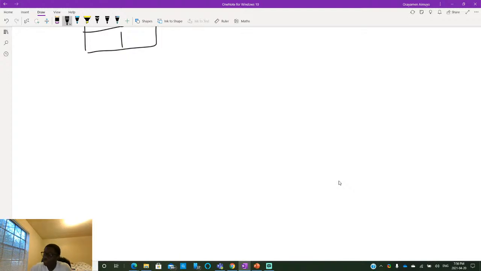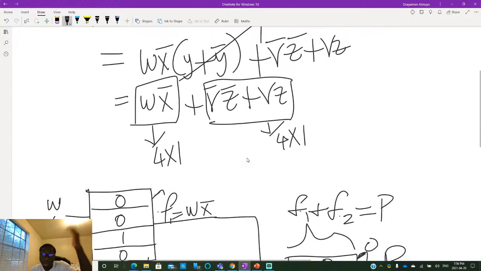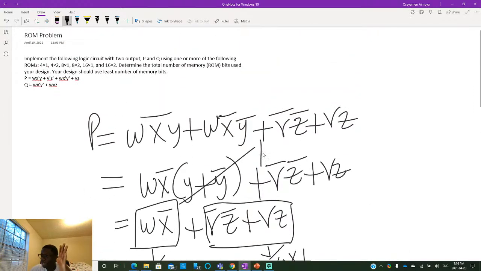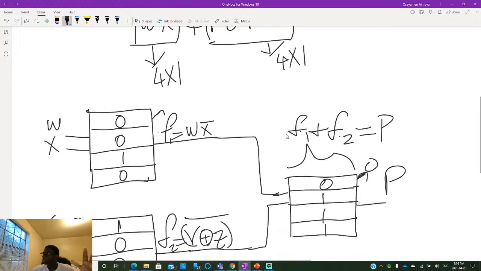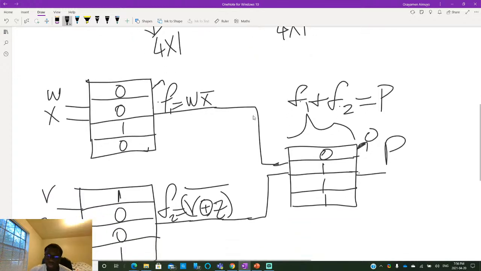If you have a 4 by 1 ROM, 8 by 3 ROM, 8 by 4 ROM, the number of bits for 8 by 4 would be 32, because you have 8 times 4. Then 4 times 1 for a 4 by 1 ROM, 4 times 2 for a 4 by 2 ROM, and so on and so forth.